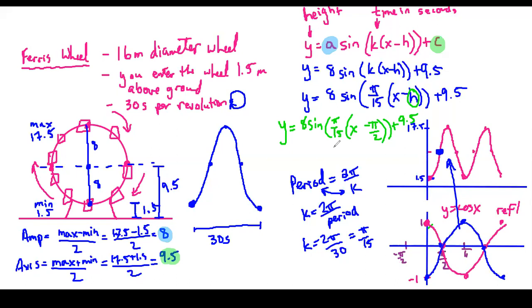So at least what this would help us do is show that we can actually model this in the exact same way, but the only difference would be that we would have to show a reflection in the x-axis, which would mean our amplitude would be 8 still, but we'd have to have that negative there. And then we would have no phase shift whatsoever.